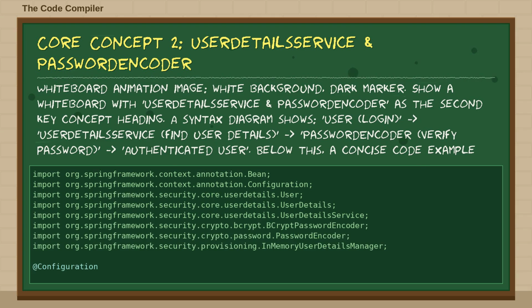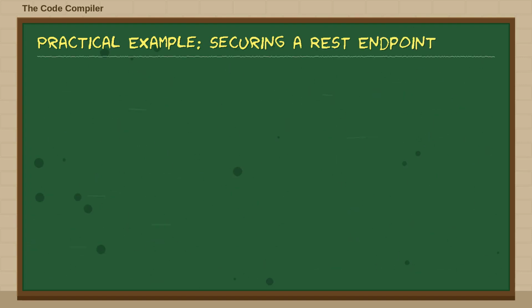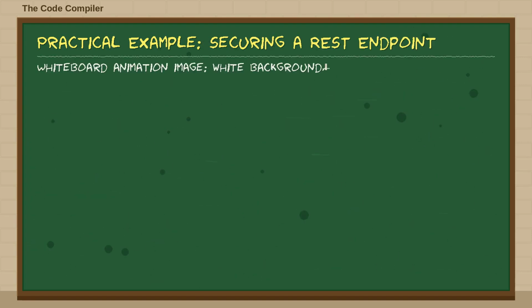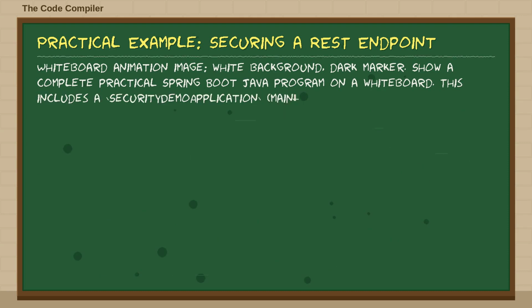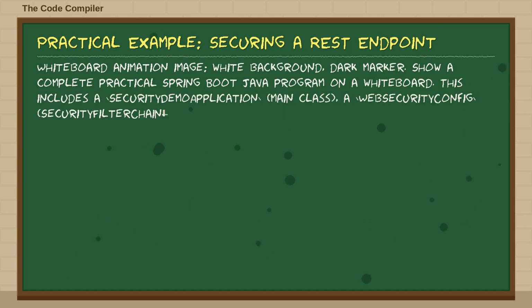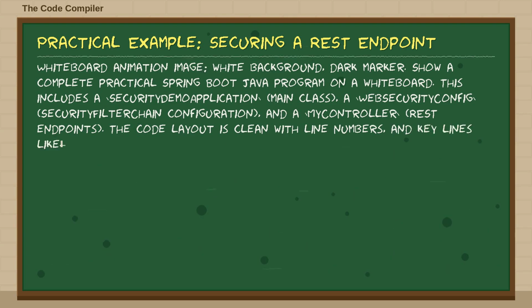Landscape 16:9. Whiteboard animation image, white background, dark marker. Show a complete practical Spring Boot Java program on a whiteboard. This includes a security demo application, main class, a web security config, security filter chain configuration, and a MyController, REST endpoints.